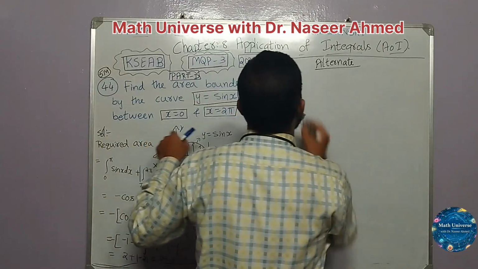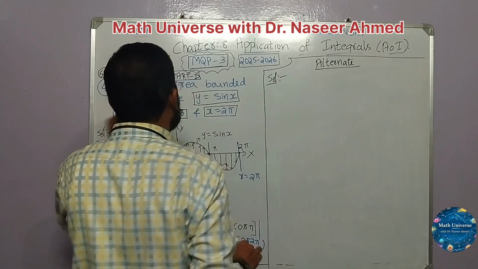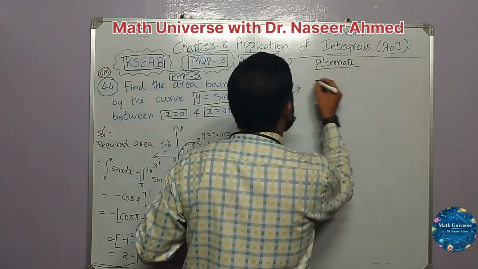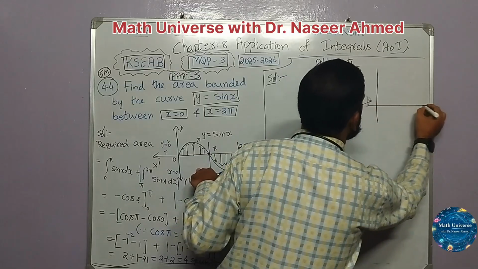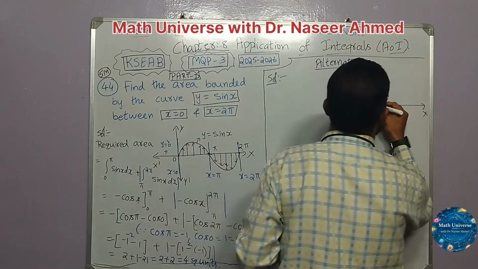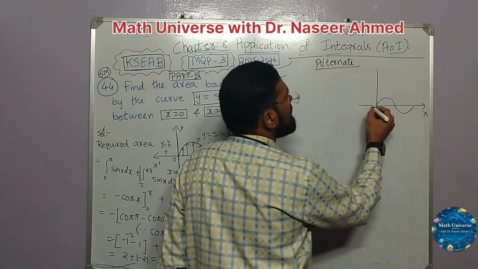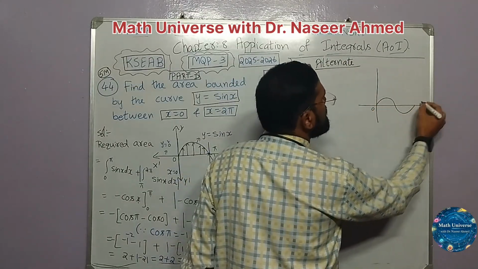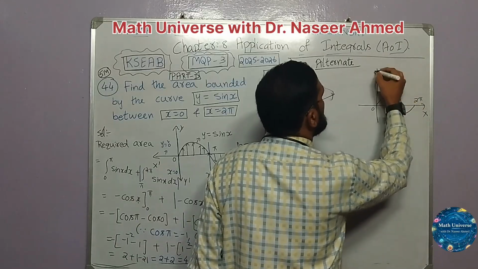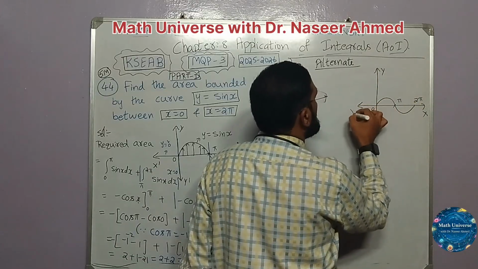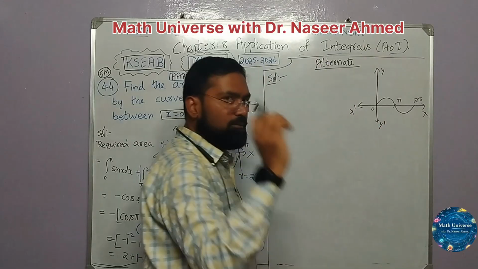Again, I will write the solution. So it should start from here. See carefully. Again, the curve I will draw for you, the sin x curve. A small graph. So 0 to 2 pi, and this is again pi. Same graph I have drawn, a bit smaller, because as I said, I want to discuss one small point.